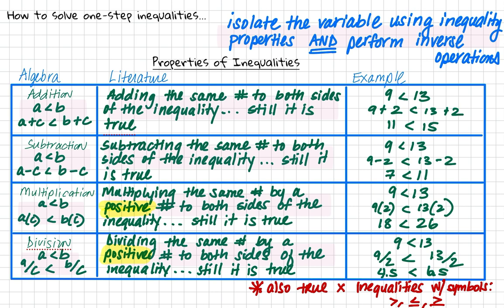I also want to make known that this c has to be greater than 0, because you can't multiply it by 0 and you can't divide anything by 0.